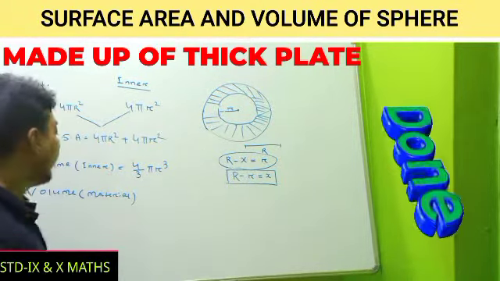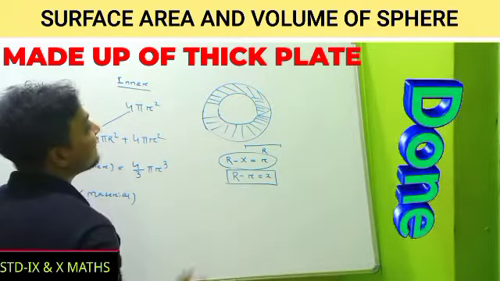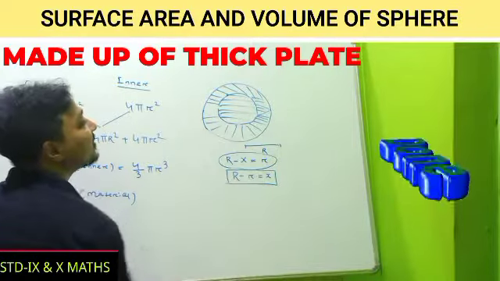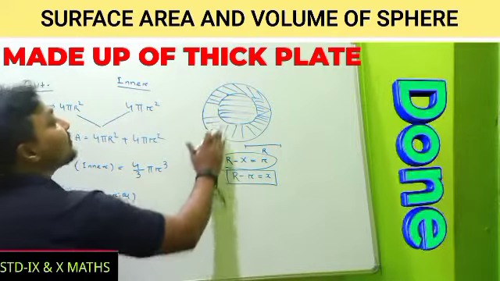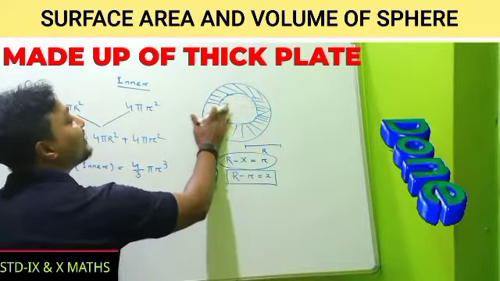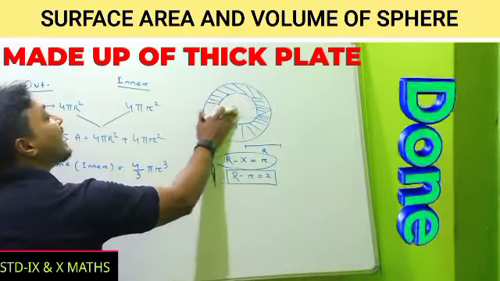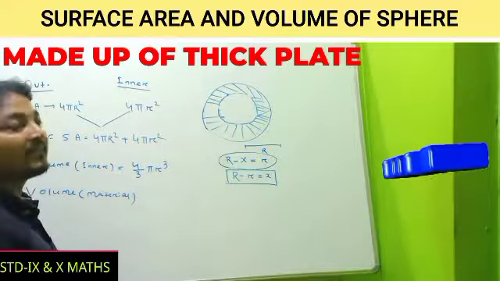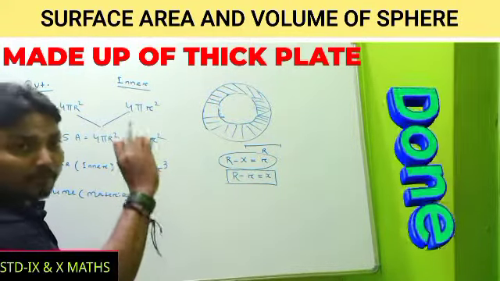And remember, here it is the volume of the material. Volume of the material means, suppose it is the complete sphere. From the complete sphere, if I take this much material, how much material will be left? That material is the volume of the width.